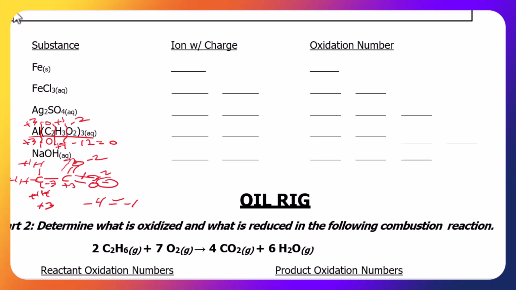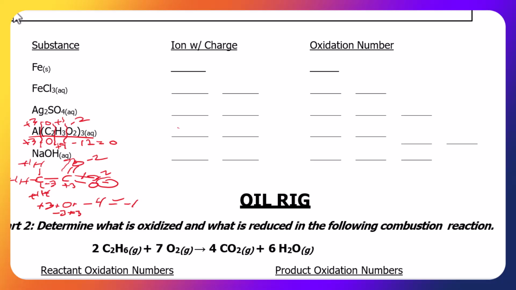Well, -3 and +3 add up to 0. So on average, if you look at the carbons collectively, they are 0. But the truth is you've got a -3 for carbon number 1, and a +3 for carbon number 2.